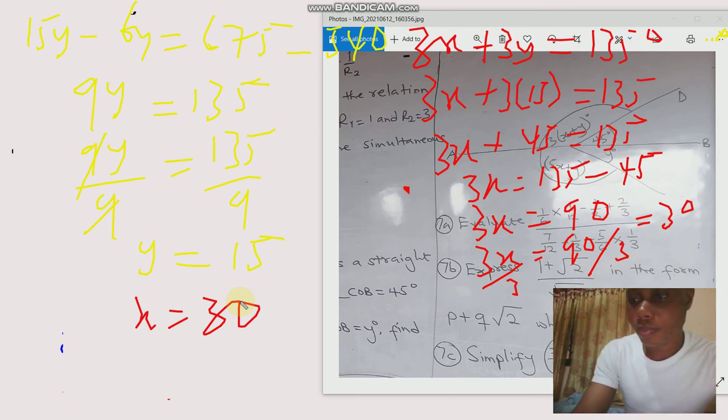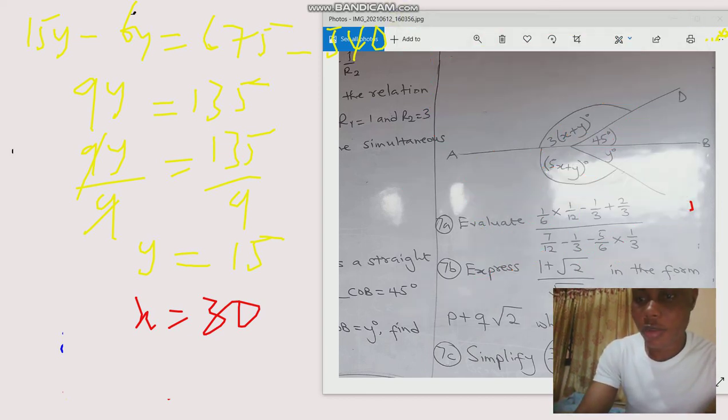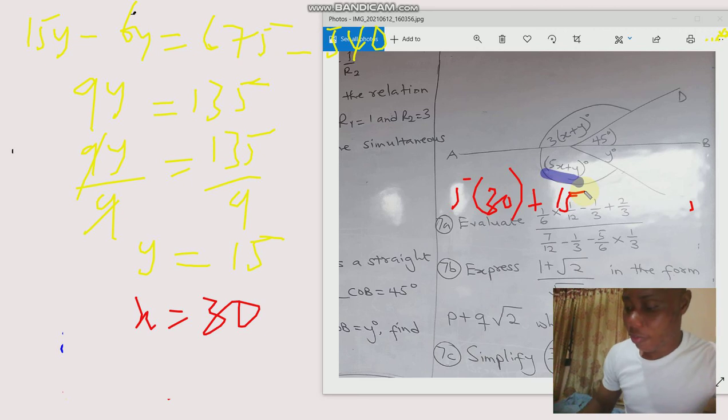So I have to take this part so that I can see the question. If you come here and you sum this up, 5x, where x is 30, plus 15. That should give you 5 times 30 plus 15, which is 165 degrees.